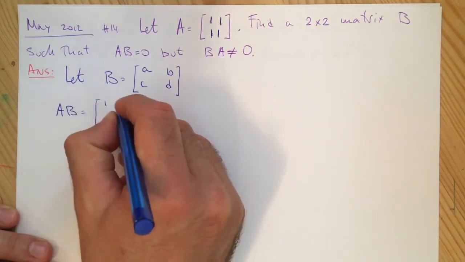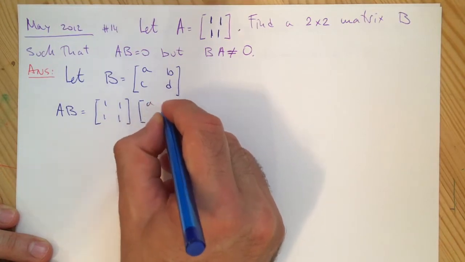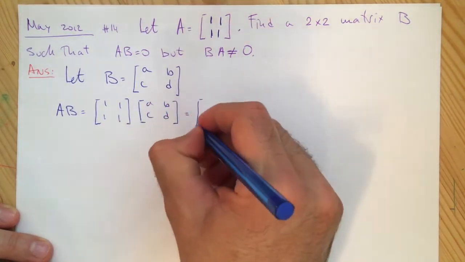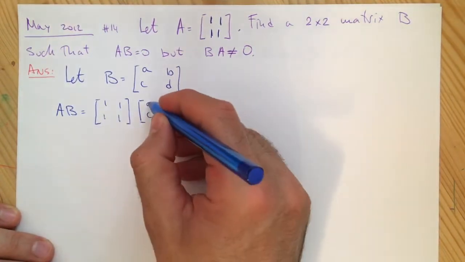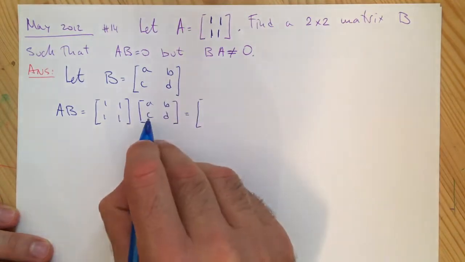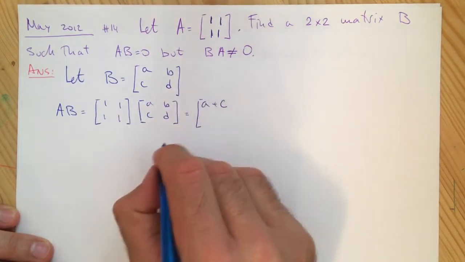So that's 1, 1, 1, 1 times a, b, c, d. Now let's multiply this. The first row dot product the first column of the second matrix: 1 times a is a plus 1 times c is c.